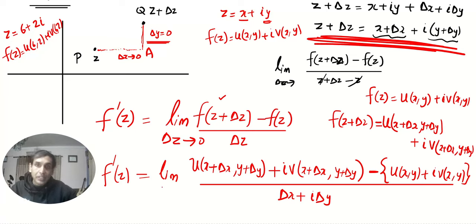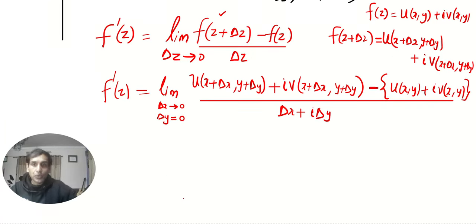Okay, so in the limit I am going to write Δx is very small and Δy is equal to 0. Now in the next step, I will plug in Δx. No, I cannot do that because Δx is only very small. But Δy I can write 0.